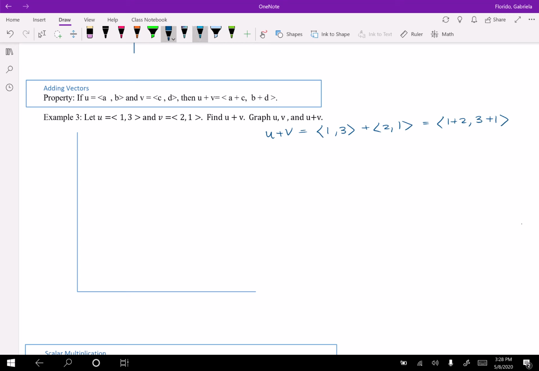So again, we're adding the first component of both of the vectors, and then the second component of both of the vectors. And so u plus v is going to give us another vector, vector 3 comma 4. So let's graph u, v, and u plus v and see if there's any relationship here.